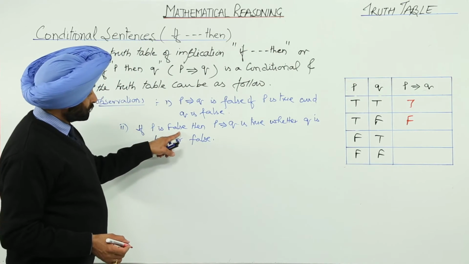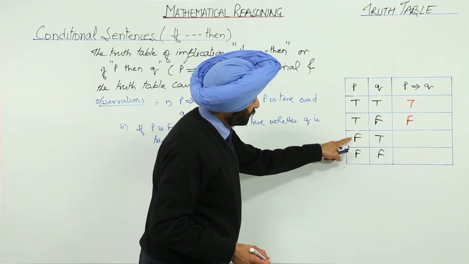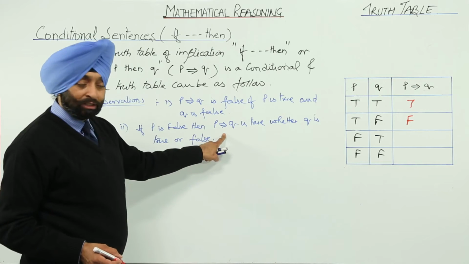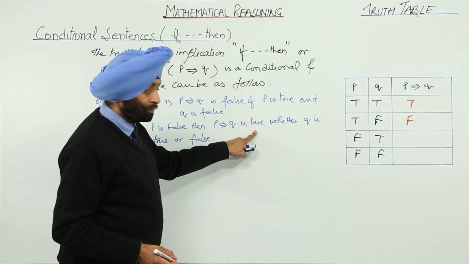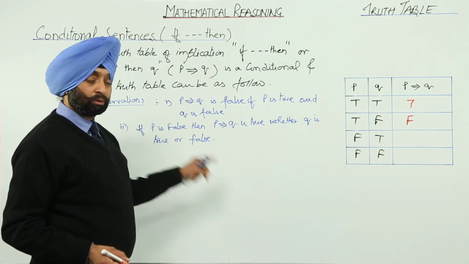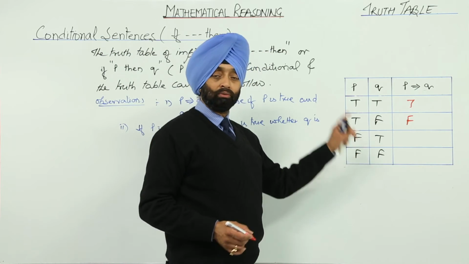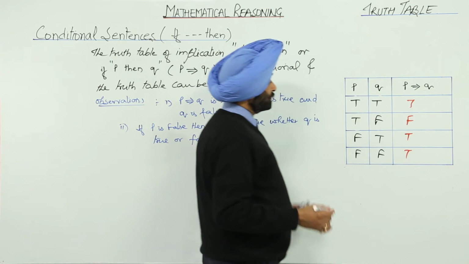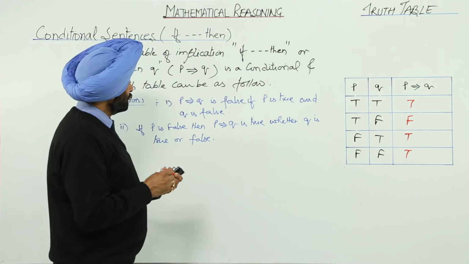If P is false, then P implies Q is true, whether Q is true or false. So this is the truth table for conditional.